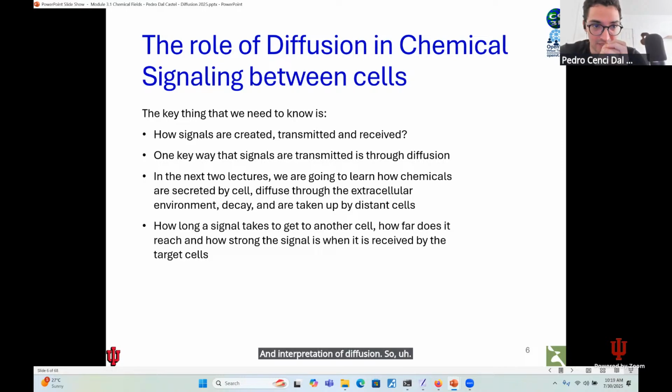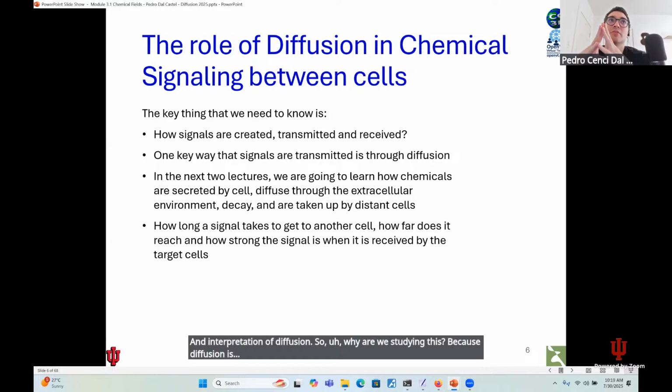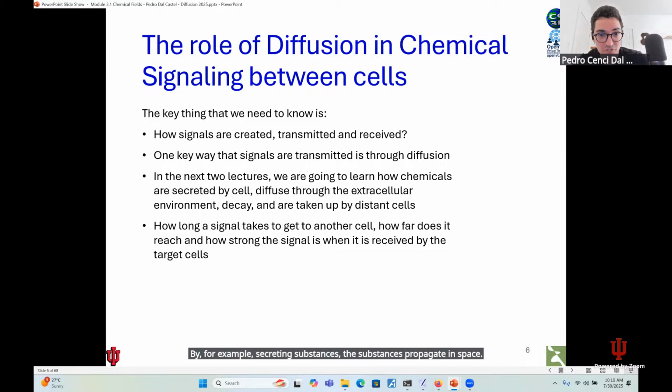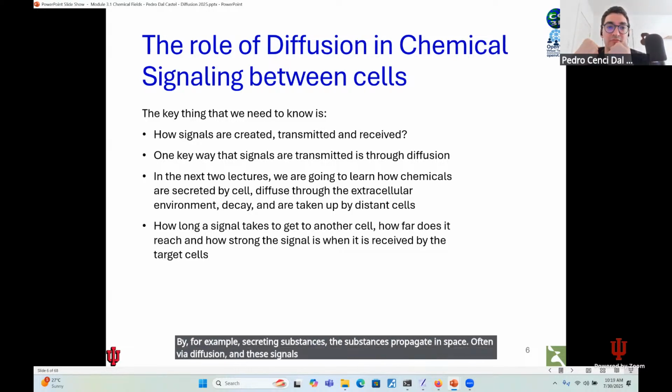Why are we studying this? Because diffusion is one of the main ways signals are transmitted in tissues. And why do we need signals? Because cells communicate by, for example, secreting substances. The substances propagate in space, often via diffusion, and these signals are received by other cells.